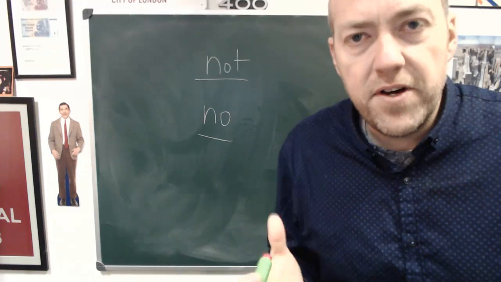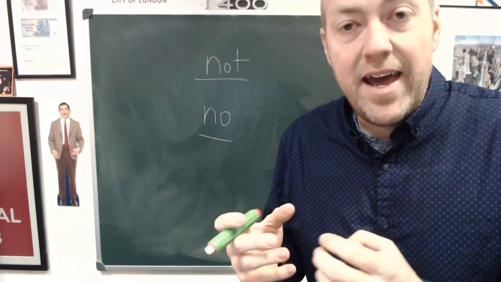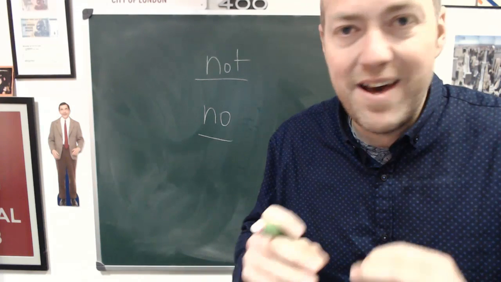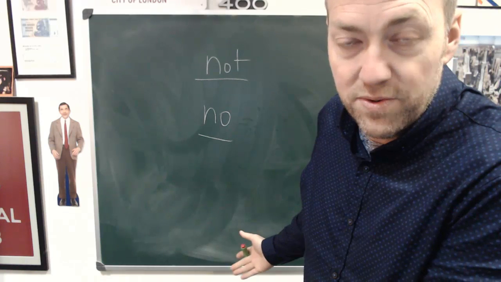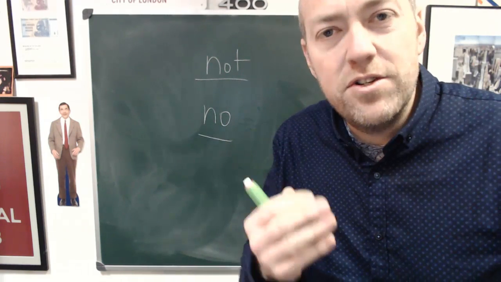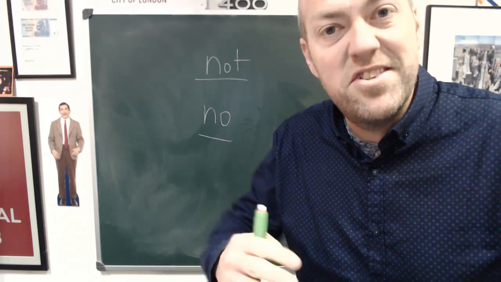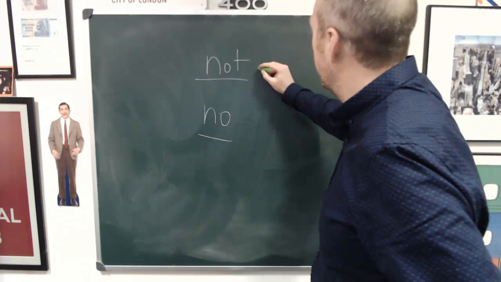So first I will explain the technical difference, and then I will show you a very easy way to use the two types, okay? So not is to make a sentence negative, okay? It's to negate a sentence.